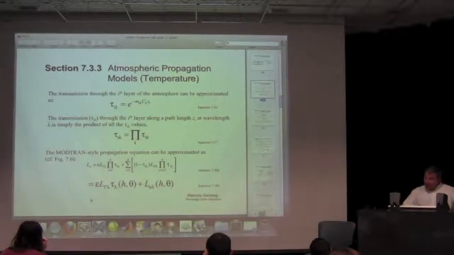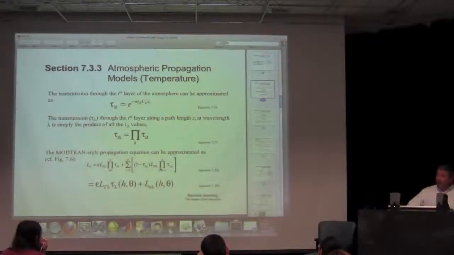Okay. So we wind up with the transmission for each of the layers, the radiance from that layer, times that transmission. And that radiance, that black body radiance for the particular layer of the atmosphere, which is based on its temperature, is multiplied by 1 minus tau, or the emissivity of that particular layer.